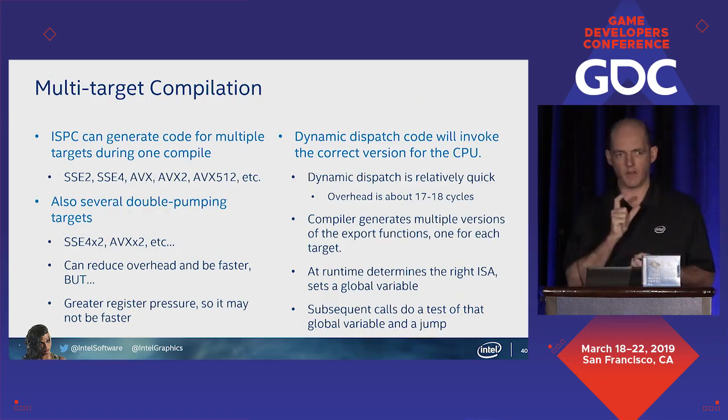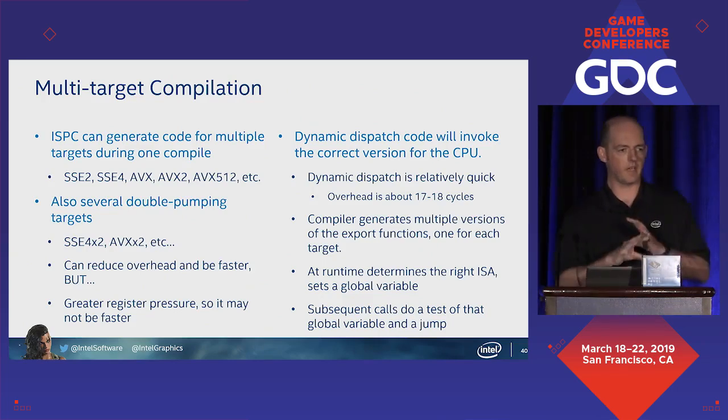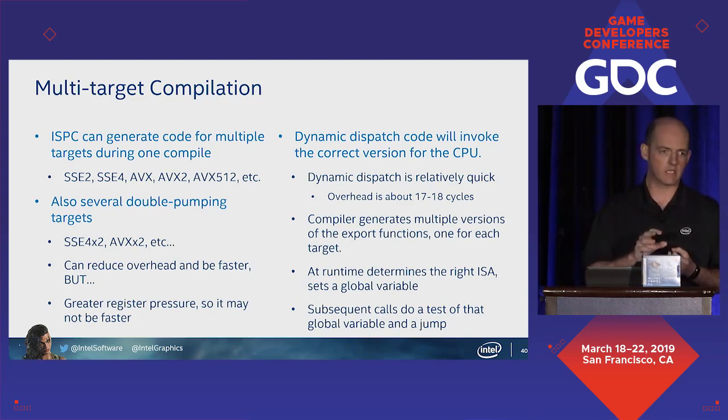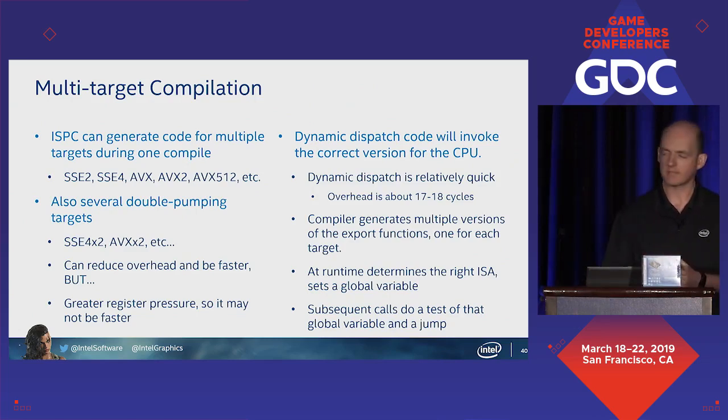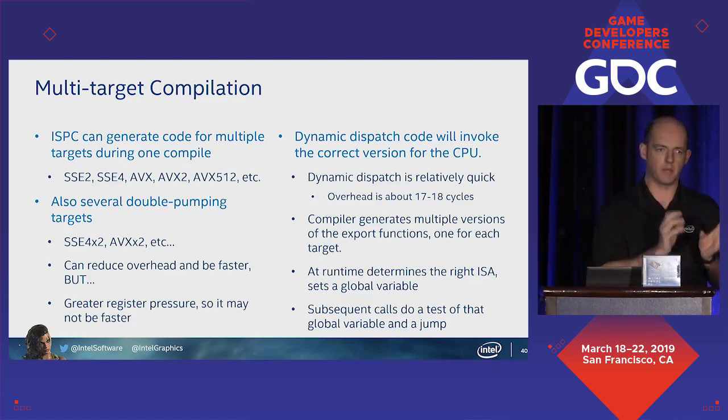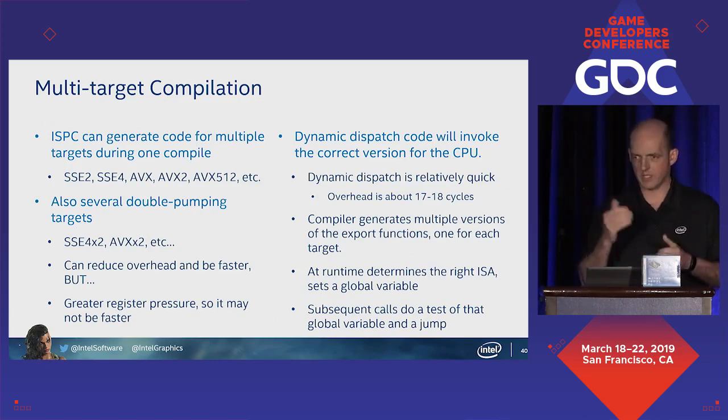You have the one header file, and I said earlier that ISPC is a very lightweight runtime. It is, but it does some smarts for you. And at this point, it has what we call the dynamic dispatch. So it will work out what instruction set it is running on. So it will know if the best instruction set for the current PC is perhaps SSE4 or AVX2.